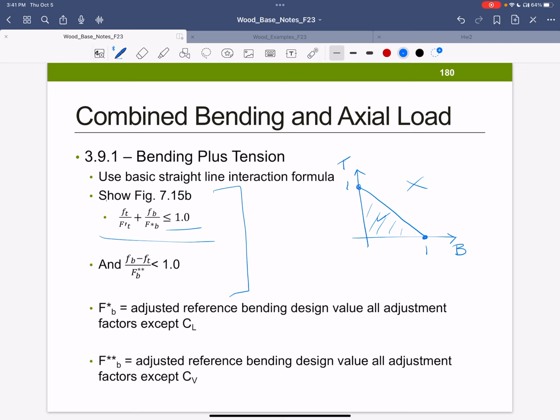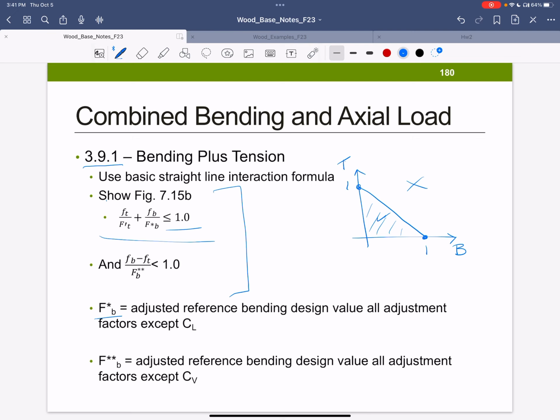Okay, so this is all in section 3.9.1 of the NDS, and this lets you know what the different factors are. This one we've seen, we had something that looked a lot like some of these terms when we were looking at columns, but the lateral stability piece. But now we're going to obviously have the lateral piece due to the bending.